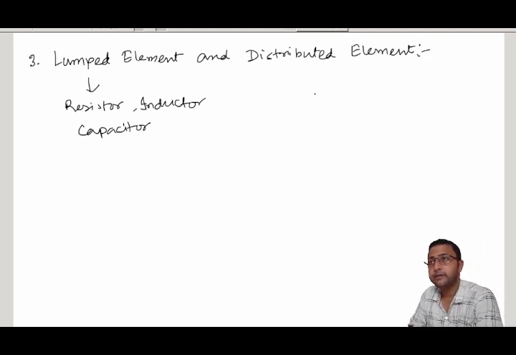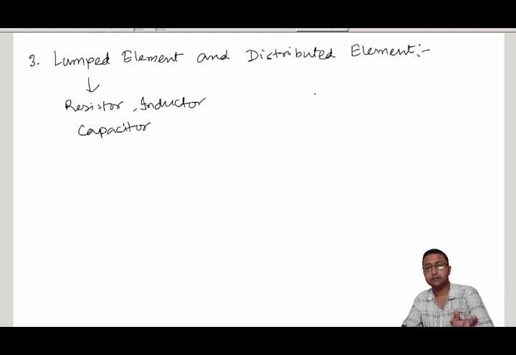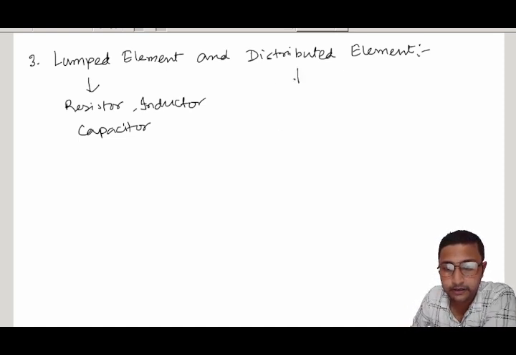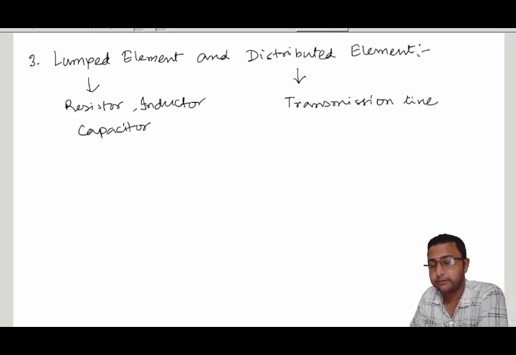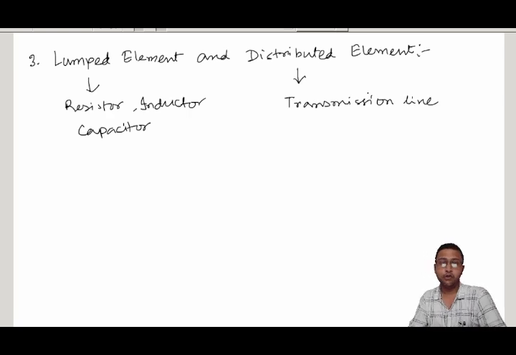And distributed element means the physical size of the element is comparable with the wavelength of the input signal. A very common example of a distributed element is the transmission line. It may be a short transmission line, a medium transmission line, or a long transmission line.